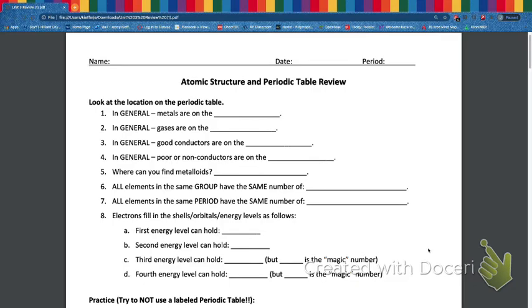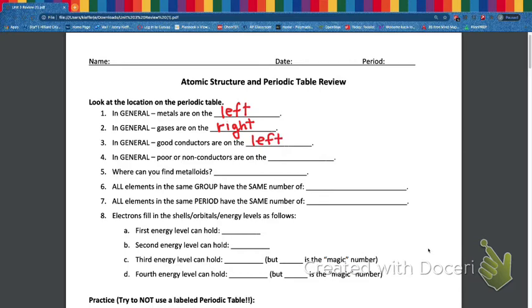So the location on the periodic table, in general, the metals are on the left side. In general, gases are on the right side. Number 3, in general, good conductors are on the left side because they're the metals.